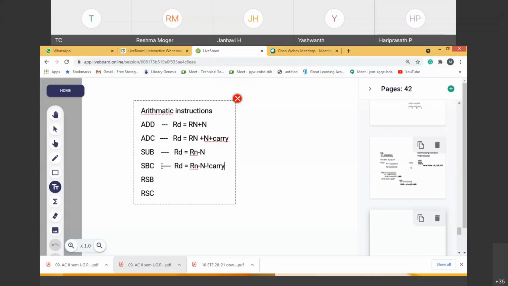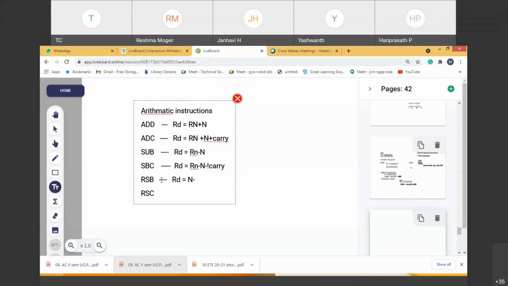So let's understand that with one example. Let's say RSB is a special instruction, again an arithmetic operation. I wanted to reverse subtract. Reverse means instead of Rn minus N, I wanted to do N minus Rn. That's the simple way. So I can even take negative results, whatever comes, which is nothing but the signed representation, which we already know.